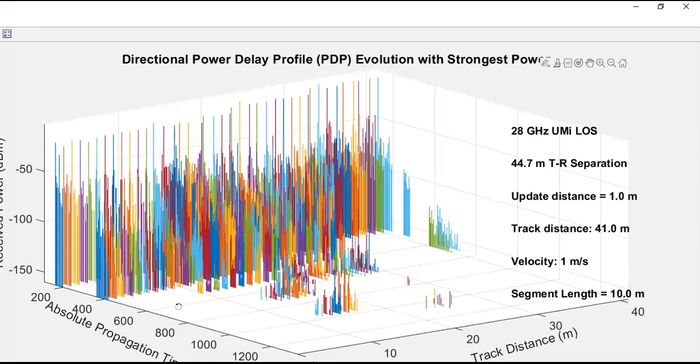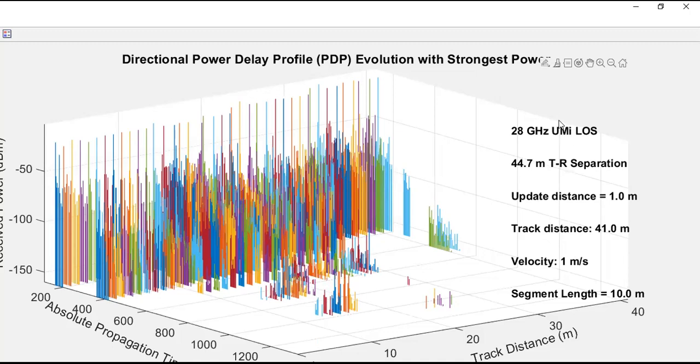When you have a number of impulses together, it means the environment may have some reflector, which is taking a number of signals. Some objects are there, so you have a group of impulses at different delays.